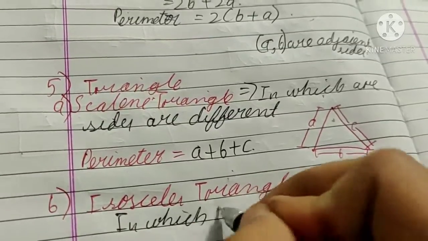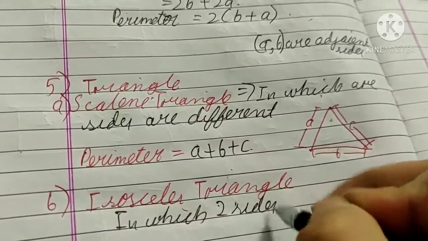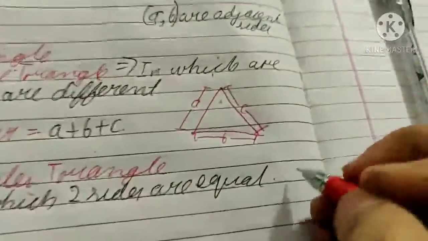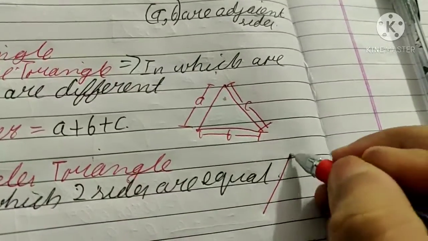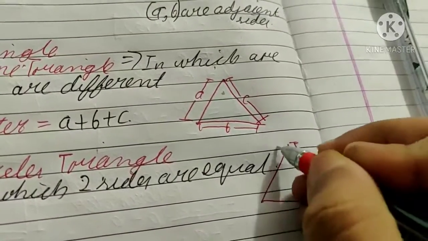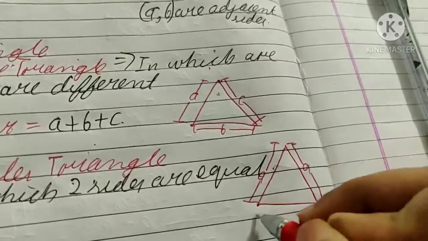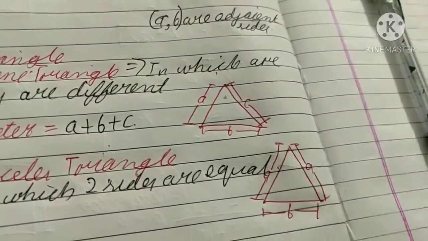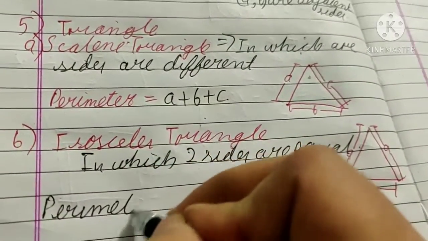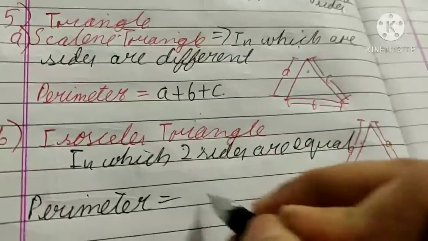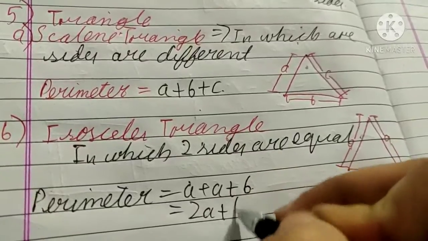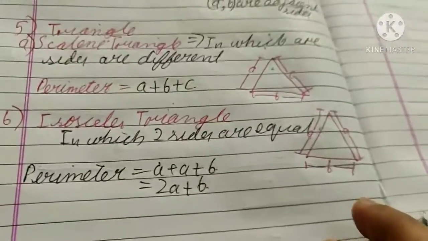This is the figure of that type. This is A, then this is also A; two sides are equal, and the third is different, B. So here the perimeter will be A plus A plus B, that is 2A plus B, where A is the equal sides and B is the unequal side.